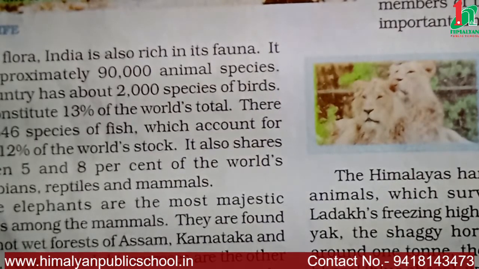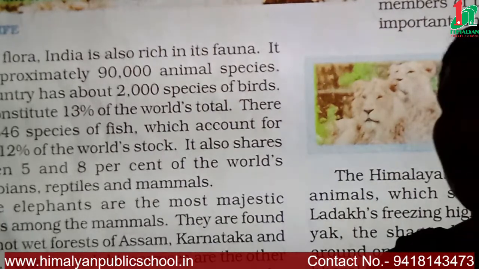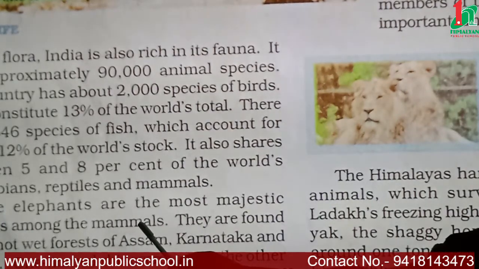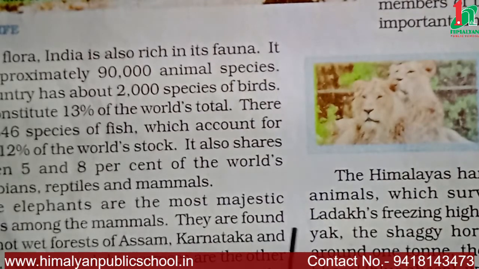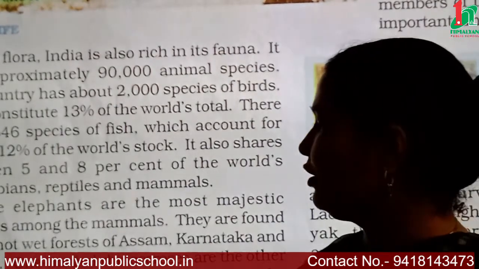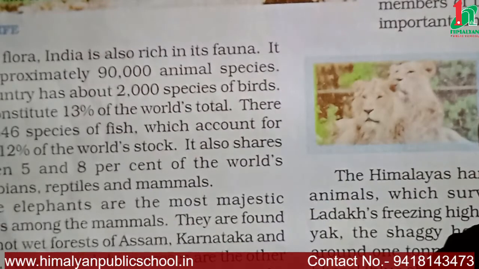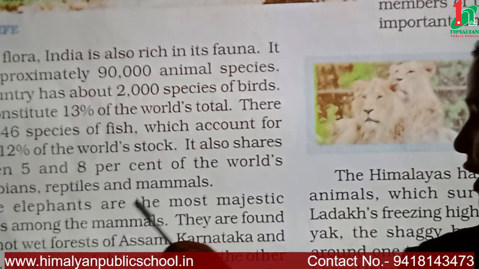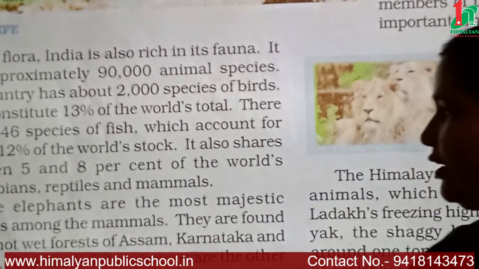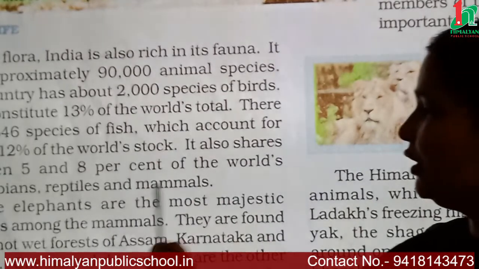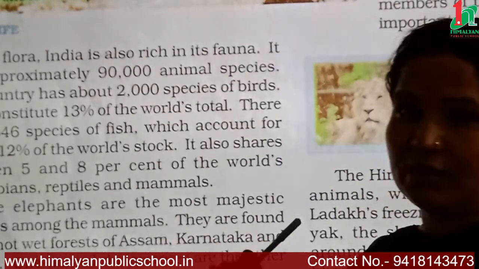Clear, the name of this, elephant? It's a very big animal. Elephants are the most majestic animals among the mammals. They are found in the hot wet forests of Assam. So that animal, the elephant, we find in hot wet forests.